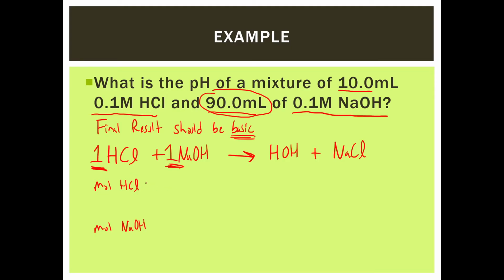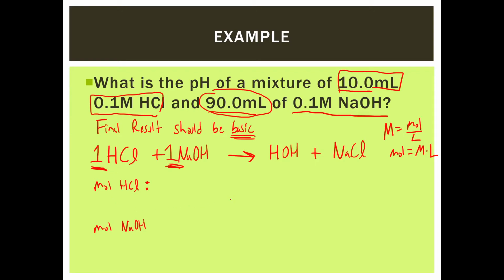To do this, we can simply calculate it as follows. We have the concentration and we have the volume here. So from our molarity equation, let me write over here. Molarity is moles per liter, or moles per volume. So moles will be molarity times volume.